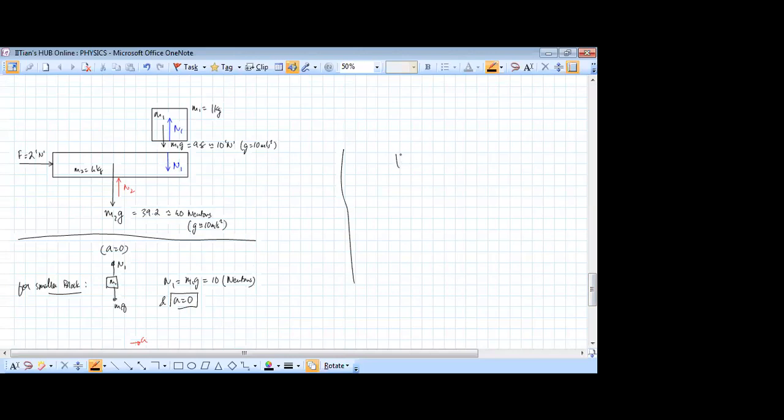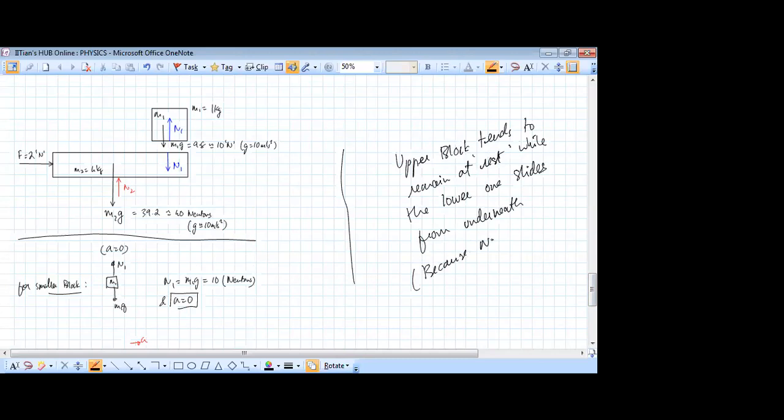So what will happen is the upper block tends to remain at rest, while the lower one slides from underneath, because no horizontal force is applied to the upper block. Okay, horizontal force is only applied to the lower block.